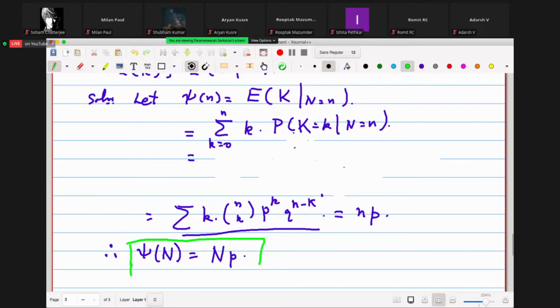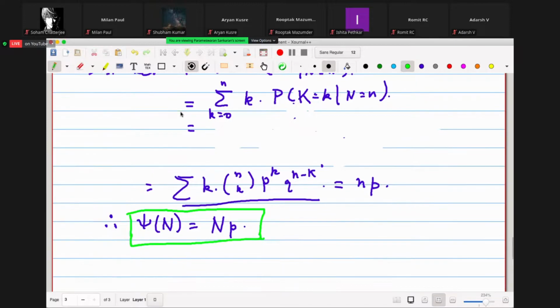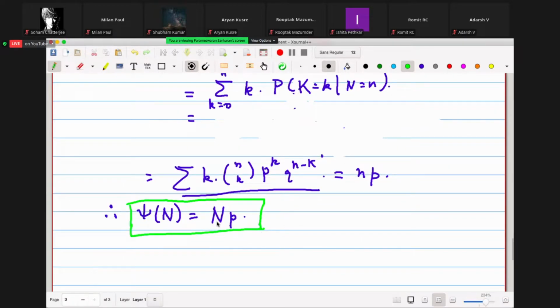You understand this? Whatever it is, it should be a function of n. What function of n is this? Or if you want to, you can directly check this also. What is Np? Np is a random variable.